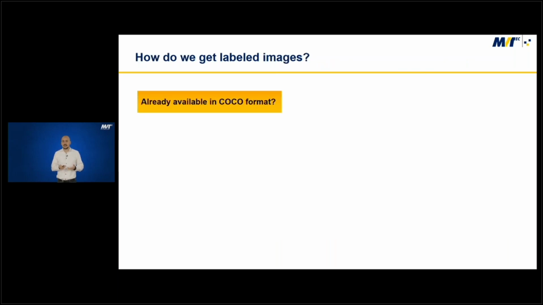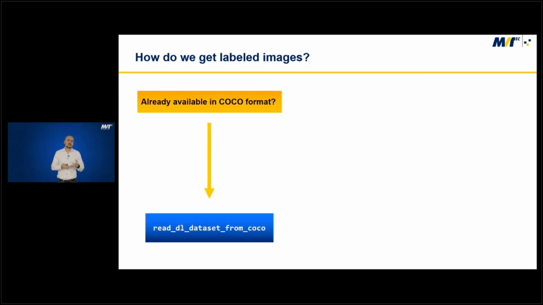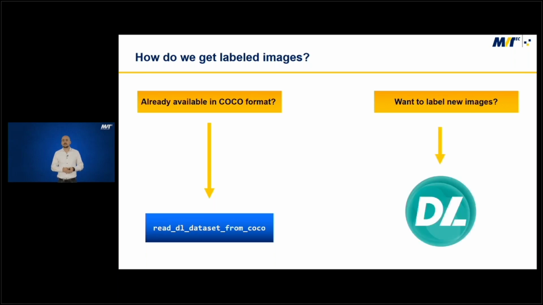In HALCON this can be read in by COCO format, in case you already have a labeled instance segmentation project, which you labeled with maybe some open source tool. If it's COCO format, you can directly read it with the operator read DL dataset from COCO. But of course, if you want to label new images, we recommend the deep learning tool. And my colleague Christian will now show you how you can label instance segmentation with our deep learning tool.